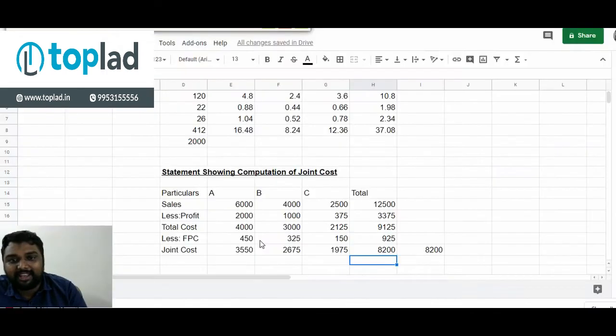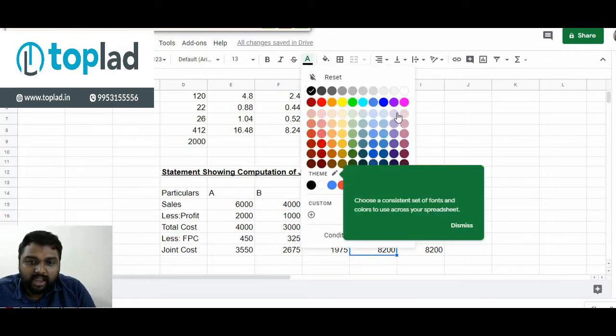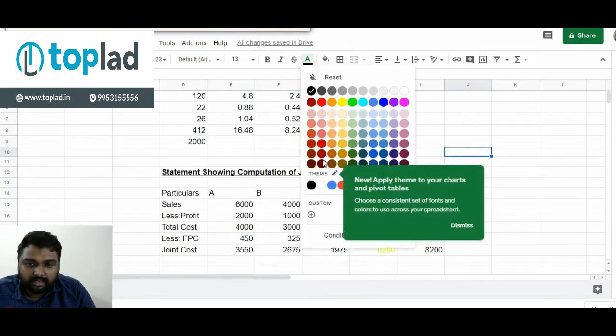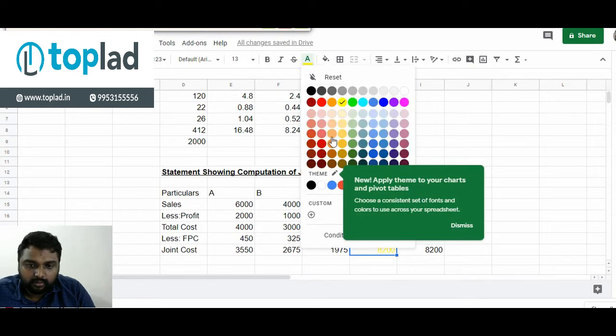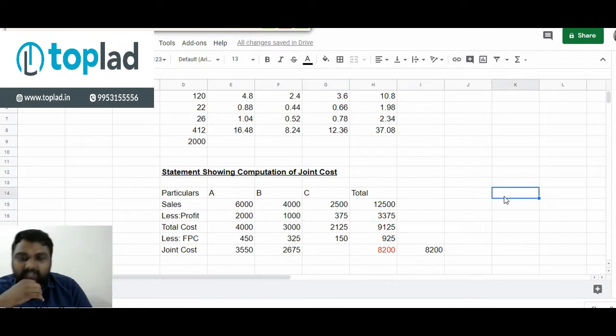It's very simple here. See, let us take the example. 8,200 total we know. So we know that 8,200 is the answer here. If the answer for C is not given, how to get the answer of C?